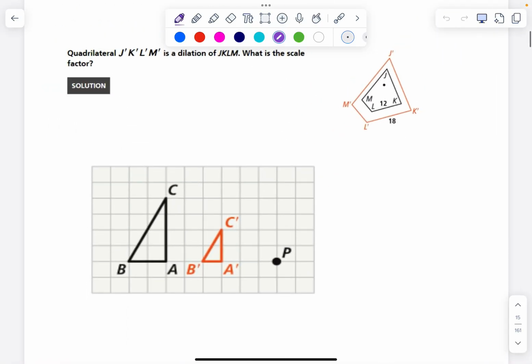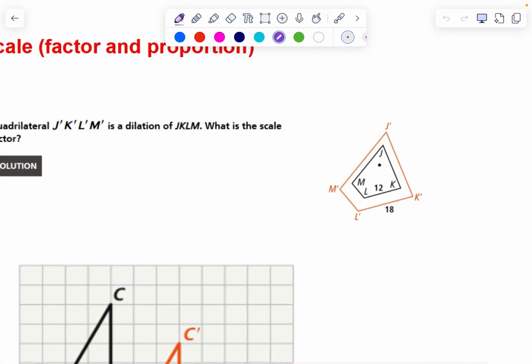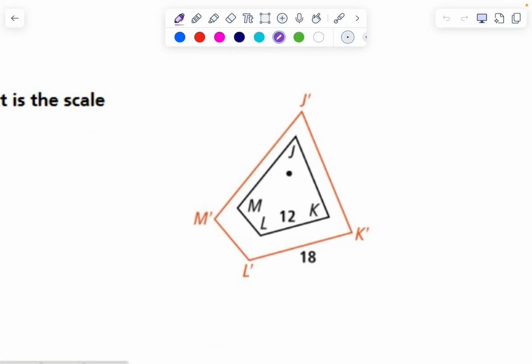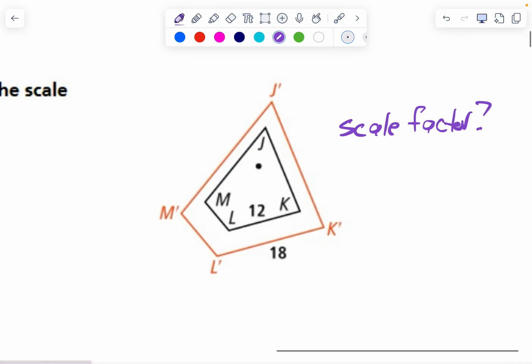Okay, let's try it on this one. It's not always going to be pictures. Actually, let's go here first. So again, if you read the directions, what is the scale factor? That's all. So scale factor. Raise your hand when you can tell me. Good. Got 2 hands up. 3, 4, 5.